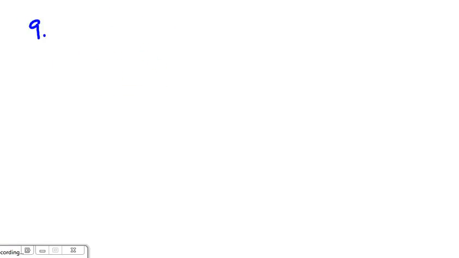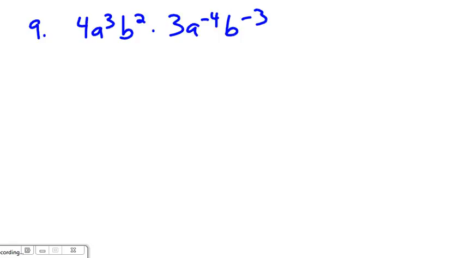Number 9 is 4a cubed b squared times 3a to the negative fourth b to the negative third. Okay, so we're obviously multiplying, right? So we should be thinking product property in our head. But we'll start with the coefficients. The 4 times the 3 would give me 12.